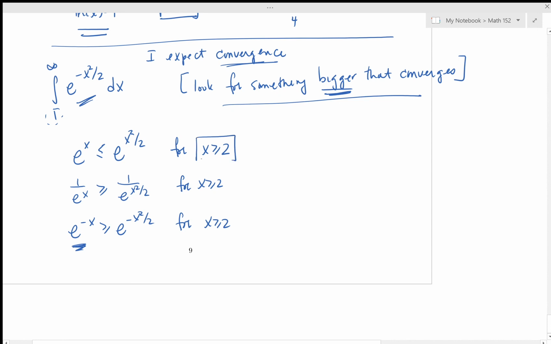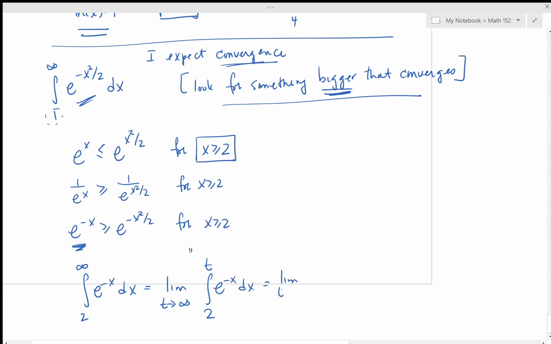Because this inequality is true only when x is greater than or equal to 2, I am going to go from 2 to infinity of e to the minus x dx, and this is very easy to do. This is the limit as t goes to infinity of the integral from 2 to t of e to the minus x dx. It's an easy integral to do.